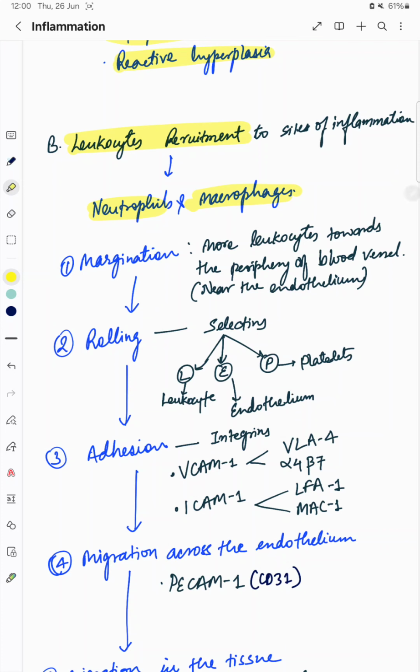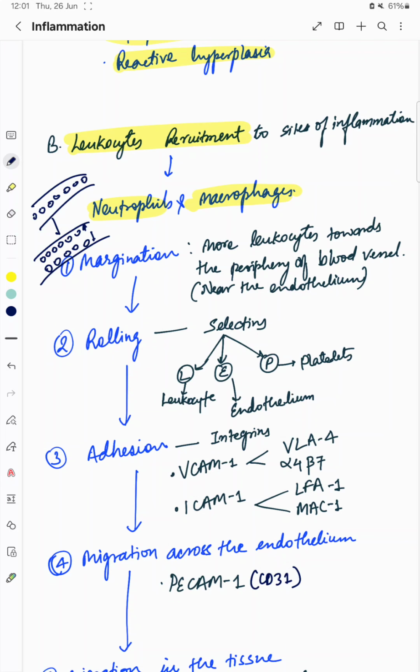First is margination. Normally blood cells flow in the midstream, but in inflammation the leukocytes start marginating toward the periphery of the blood vessel, near the endothelium.